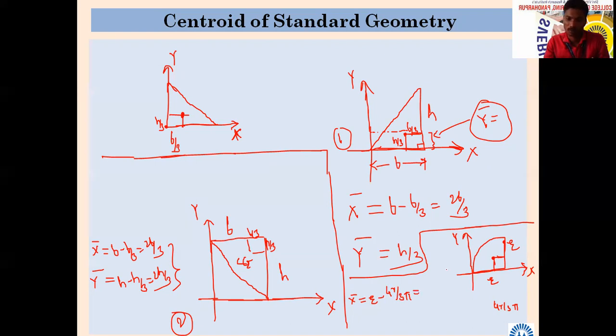And what about y bar? Who will tell? Y bar is 4r divided by 3 pi, because we only have to give this distance, nothing else.